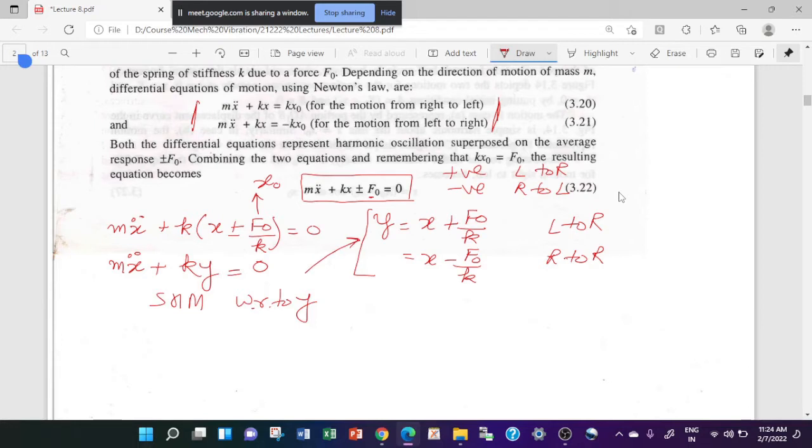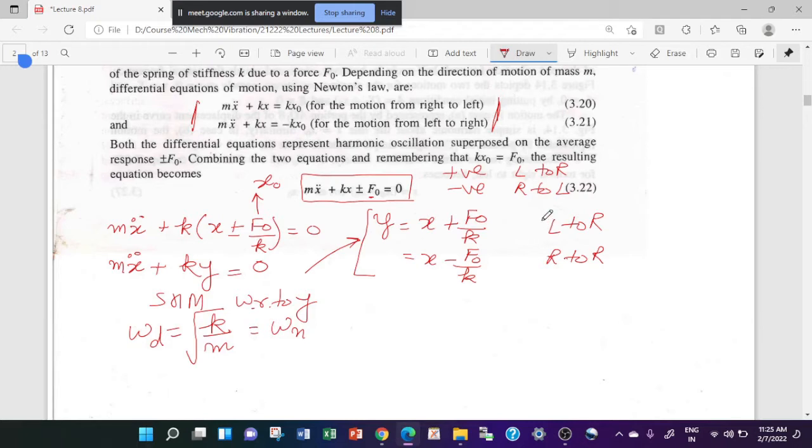So here you can say the frequency of vibration is given by omega equals square root of k upon m. This is the frequency of vibration under Coulomb's damping. And this is basically a damped frequency of Coulomb damping. And it is equivalent to omega n of undamped free vibration. So you can say that in the Coulomb's damping, the damped frequency is equal to the natural undamped frequency of the system.